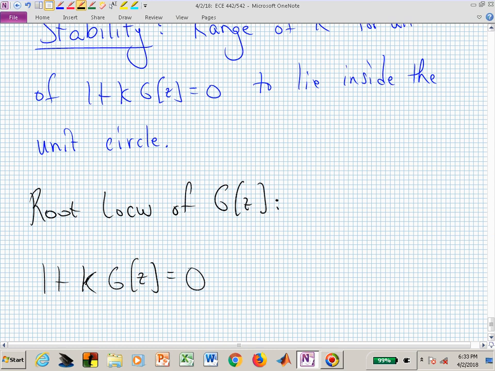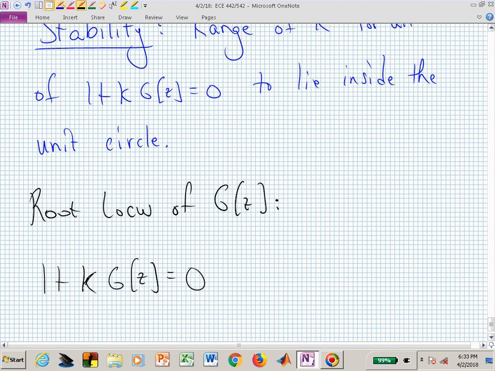That will give us all the red branches. So I have two closed loop poles. That means I really have two red branches, and they may be on the same line segment, and so it may be difficult to say, well, I thought you said there were two. I just see one segment. Well, that one segment might have two branches described by that one segment on the real line.